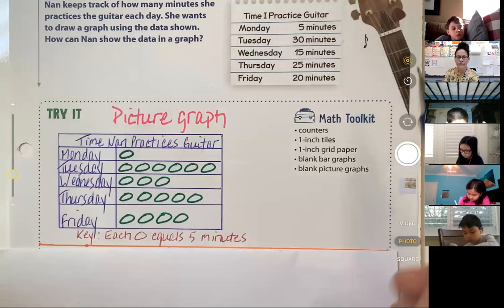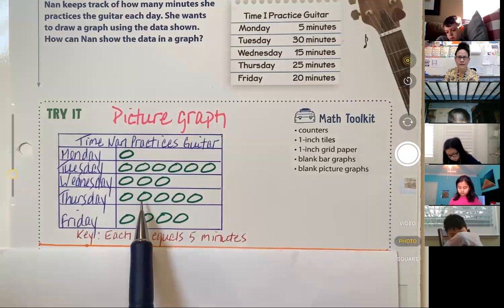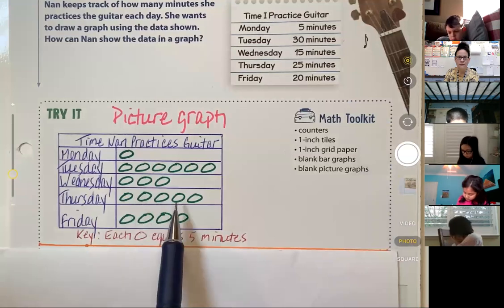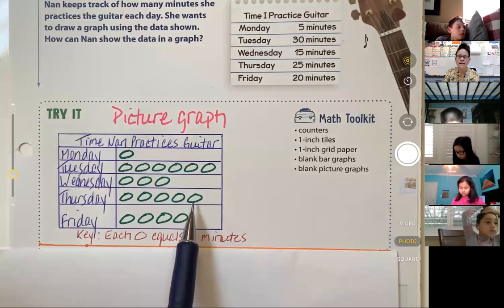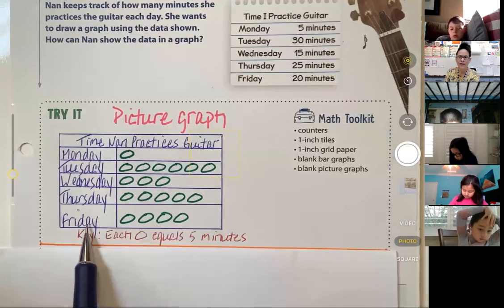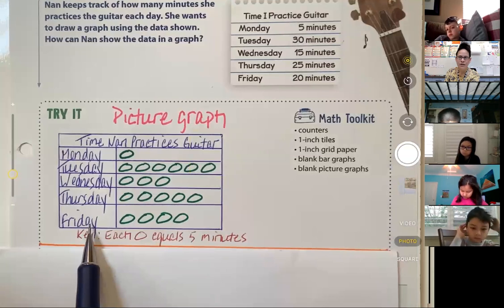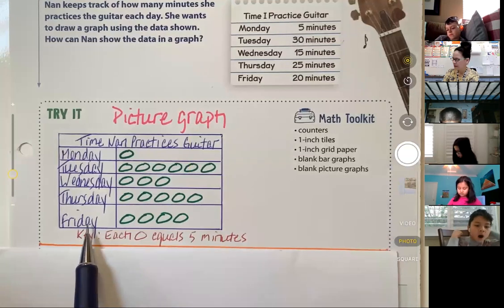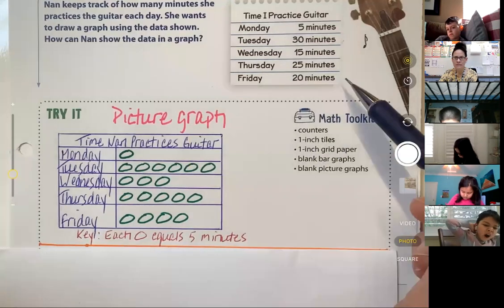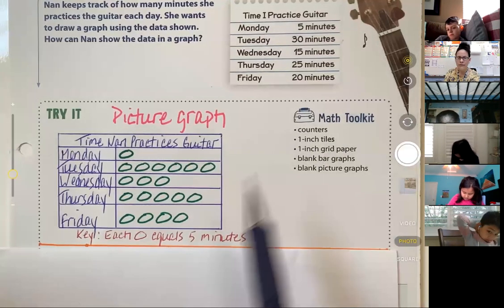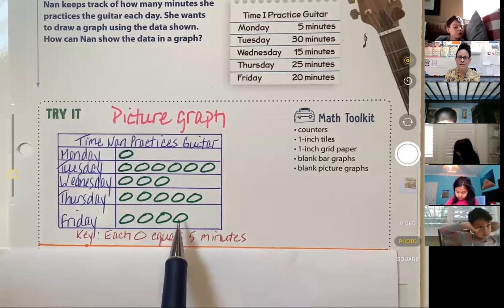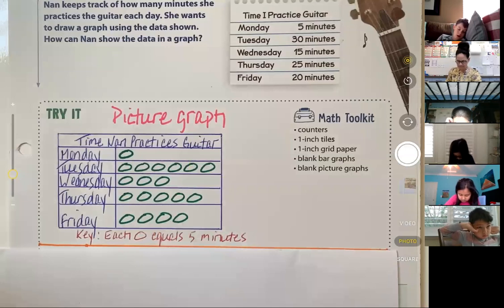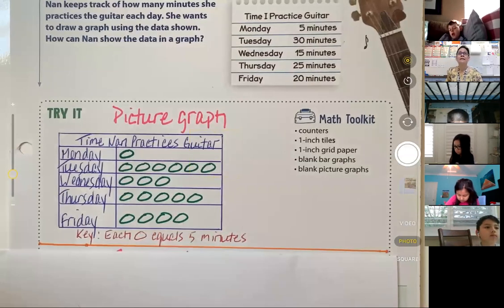So 5, 10, 15, 20, 25. Great. And Friday, we're going to call that today. How much did she practice today? According to Nan's notes, 20 minutes. So 5, 10, 15, and 20. And that is a completed picture graph.